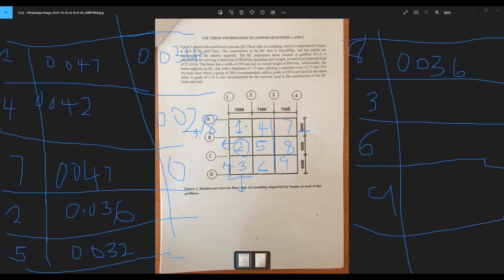You see a value of 0.034 for that. Write it here.